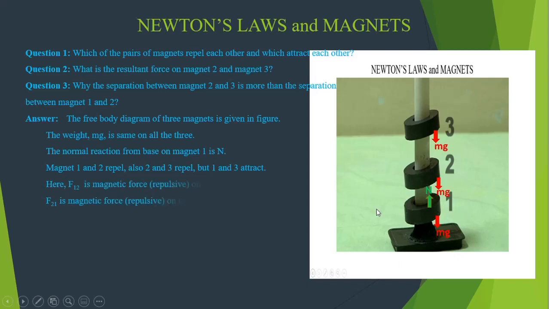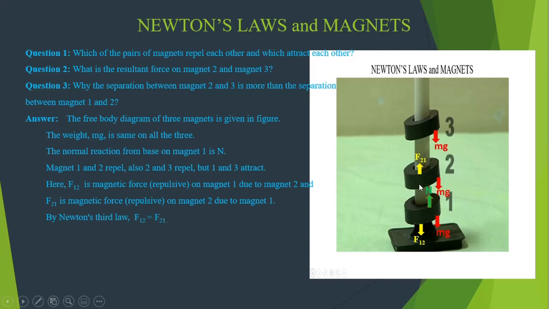Let us assume F12 is the magnetic force on magnet 1 due to magnet 2, and F21 is the magnetic force on magnet 2 due to magnet 1. These two are equal and opposite in direction, so F12 is equal to F21.